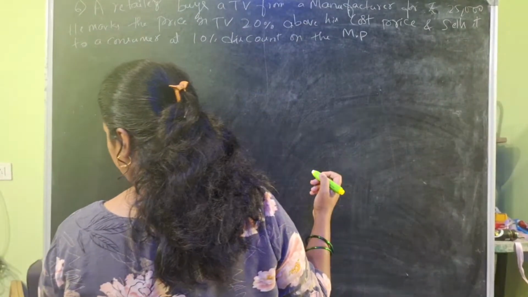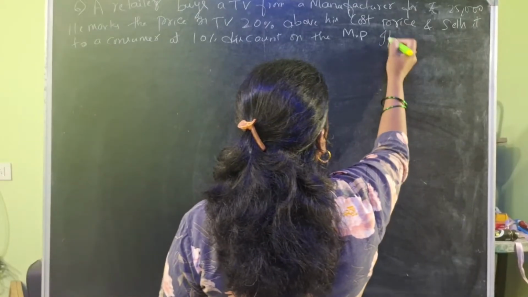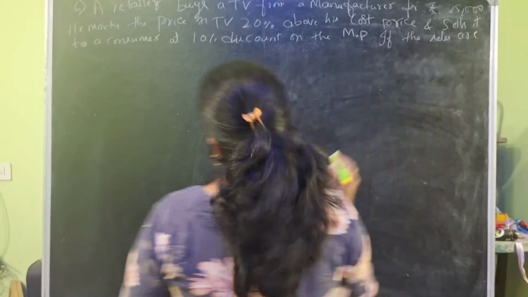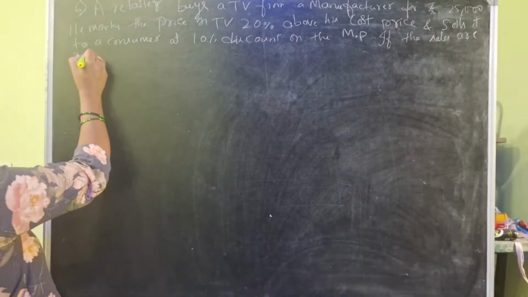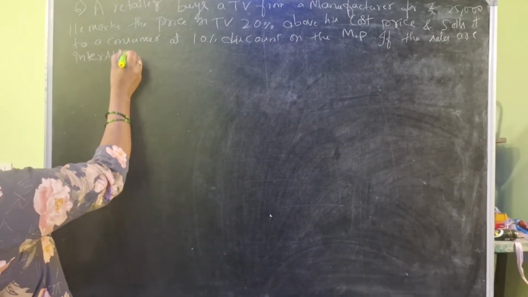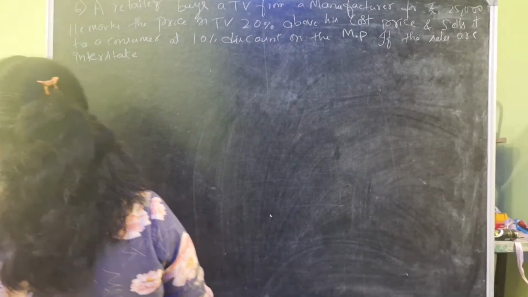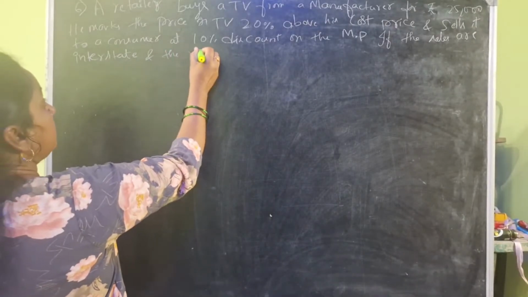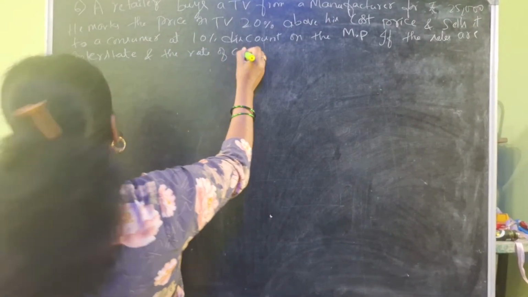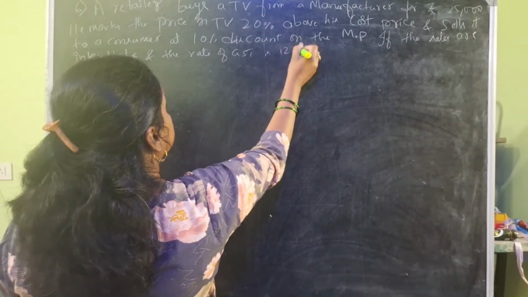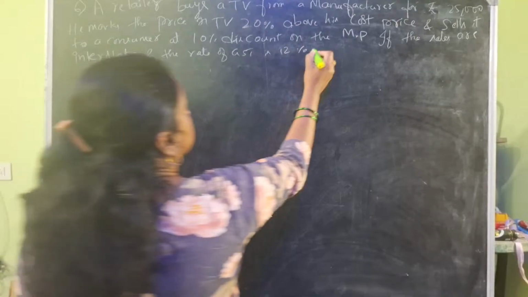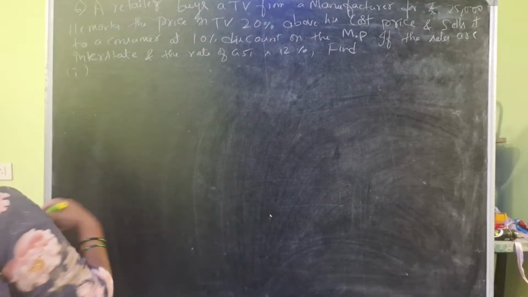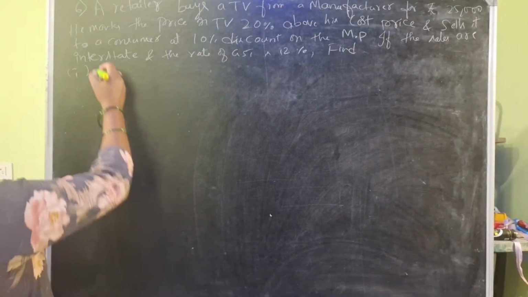If the sales are interstate, and the rate of GST is 12%, find: first question, the market price of the TV.